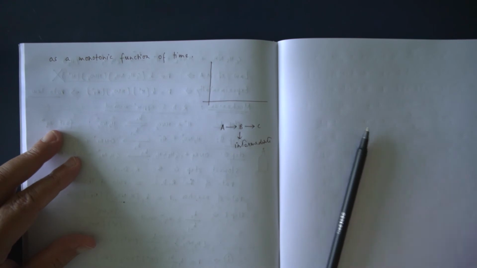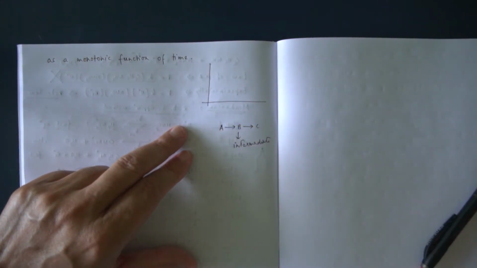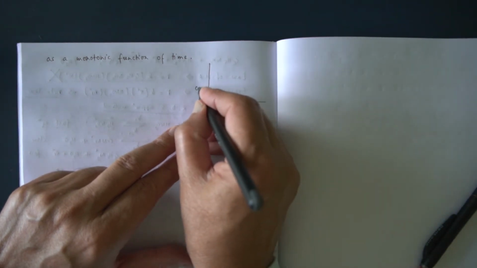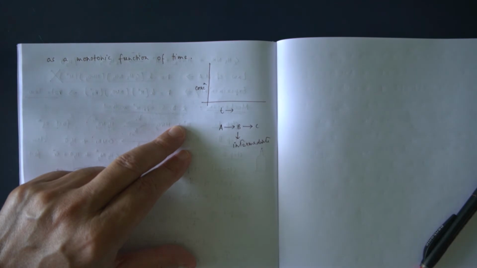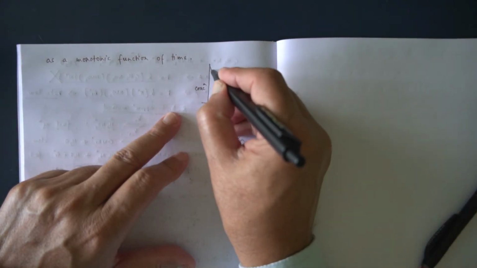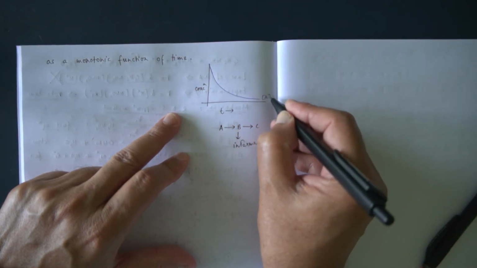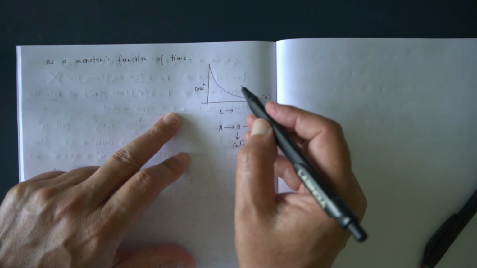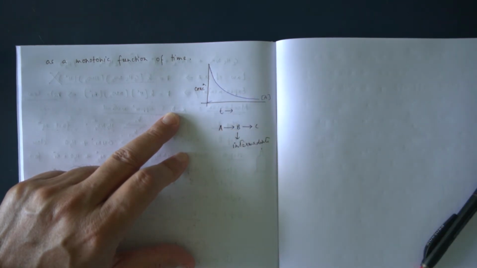So if you remember the graph of the intermediate, say concentration of B, I am plotting concentration versus time. For A, the graph was like this. Okay. For concentration of A, the graph was like this. For C, the graph was like this.